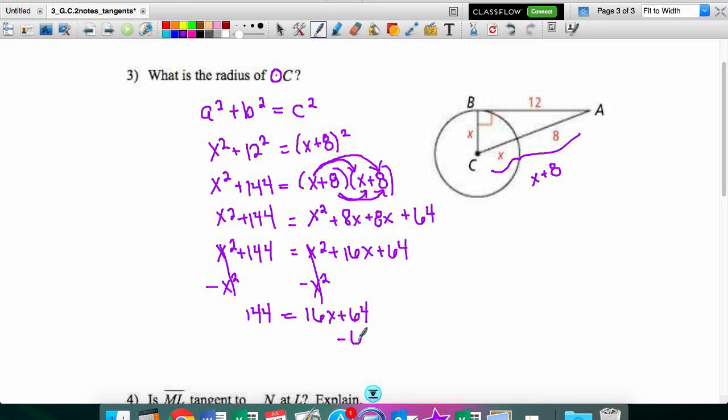So let's solve for that x by getting rid of the 64, subtracting it, and we get 80 equals 16x. And then last but not least, solving for x by dividing by 16. And 80 divided by 16 will give us 5, giving us a final answer of x equals 5. Awesome.